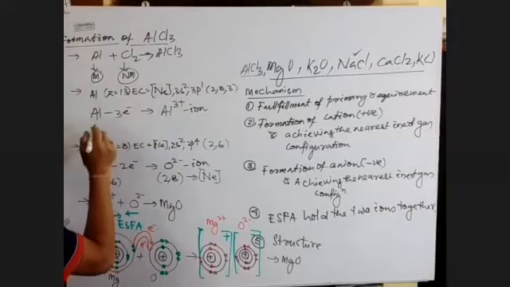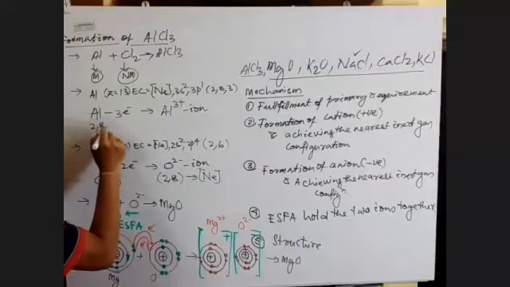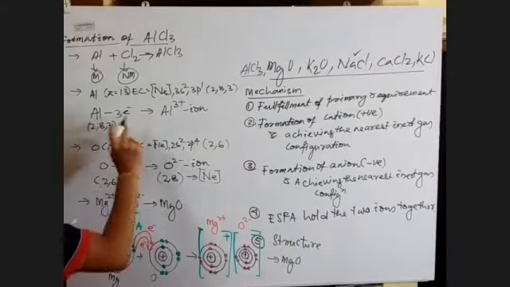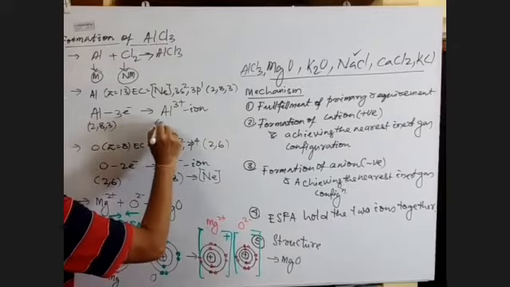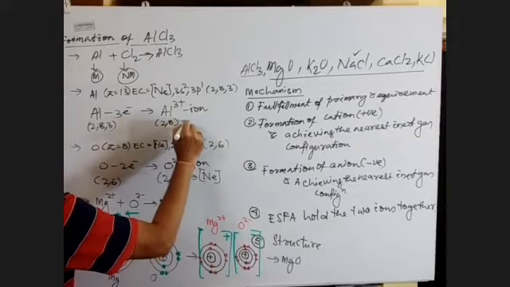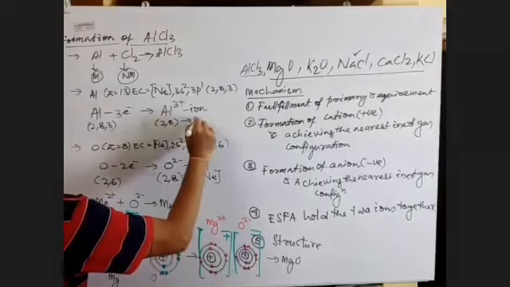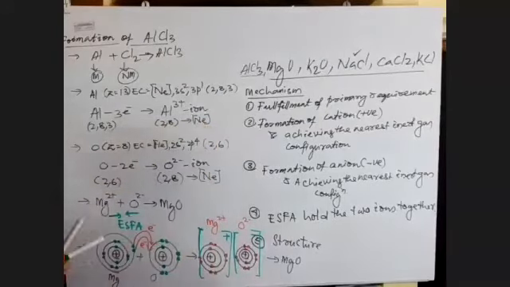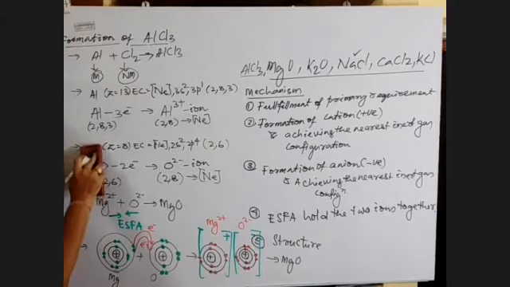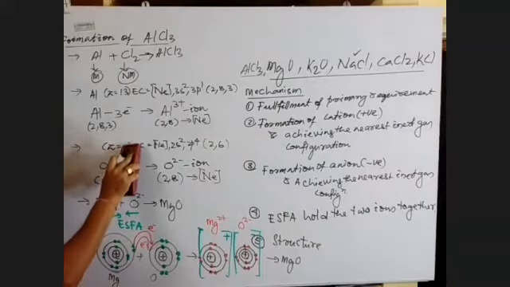So the initial configuration is 2, 8, 3. Right. 3 electrons lost, so 2, 8 remain, which is the nearest inert gas configuration of neon. Okay. So the first point is over. Next is coming the chlorine.